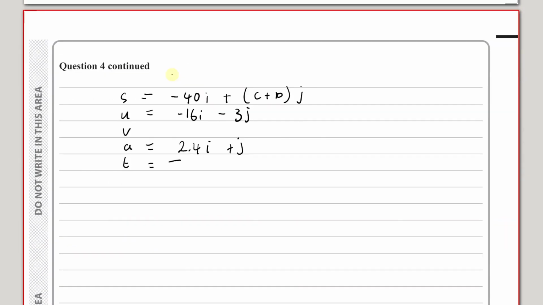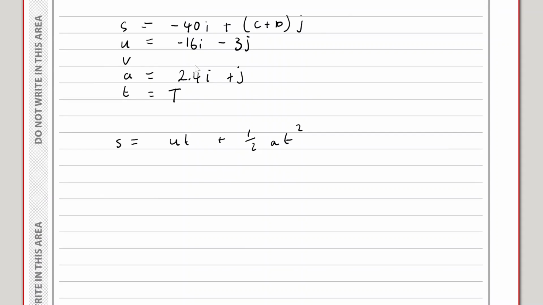So s equals ut plus half at squared. And we're going to have to split this up into i's and j's. So just for i's only, s equals ut plus half at squared. The displacement is negative 40, and that is equal to ut, so negative 16t, plus half times 2.4 times t squared.